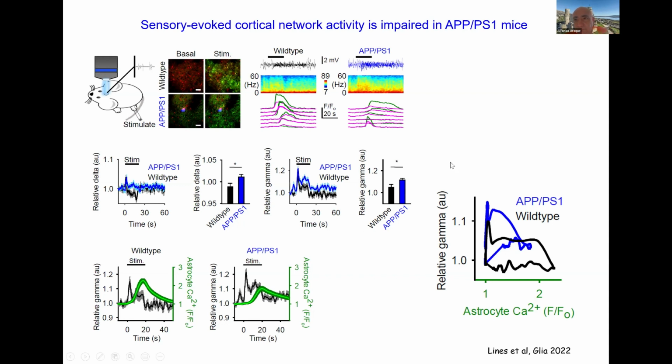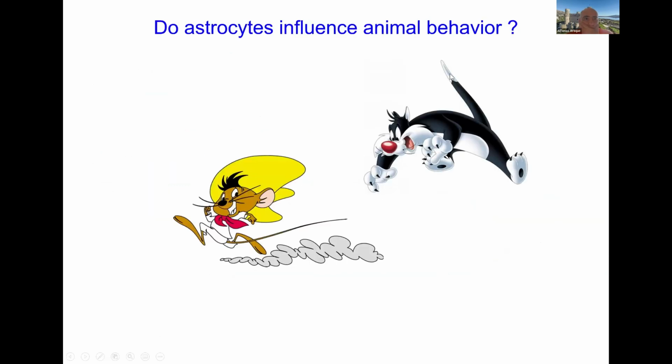And we propose that maybe the cognitive impairment in Alzheimer's disease may be related to this dysfunction in the astrocyte neural network communication.